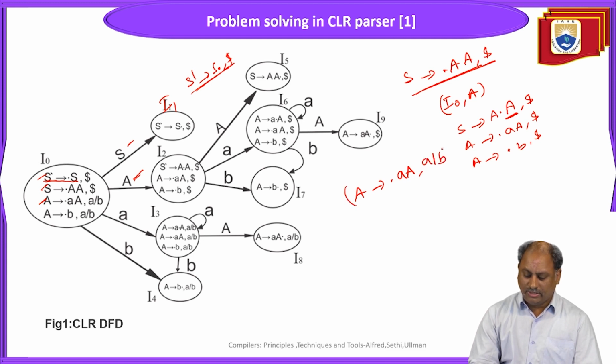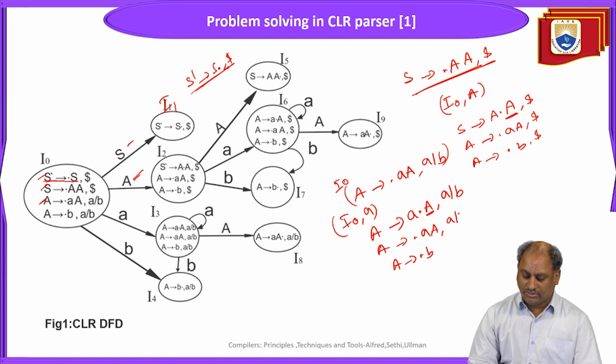If you apply I0 with small a, it reaches a new state which contains A derives a dot A, look ahead a, b. But for the variable that appears, there are still two more productions, dot aA and dot b, and we write the look ahead the same.